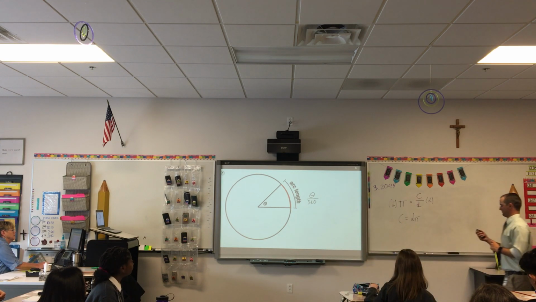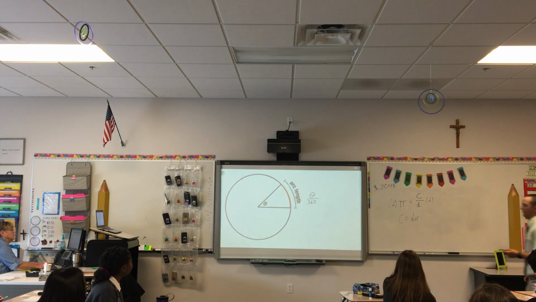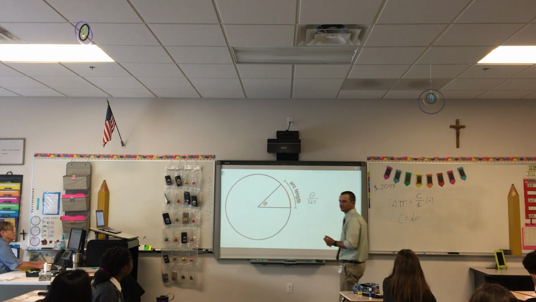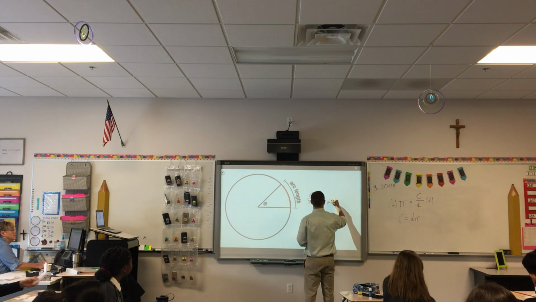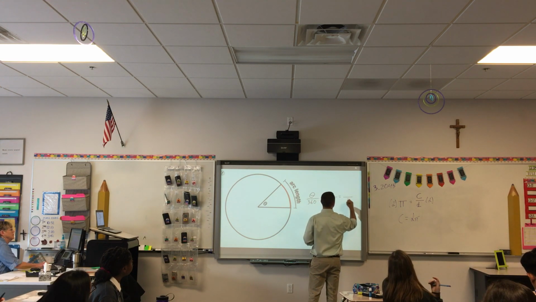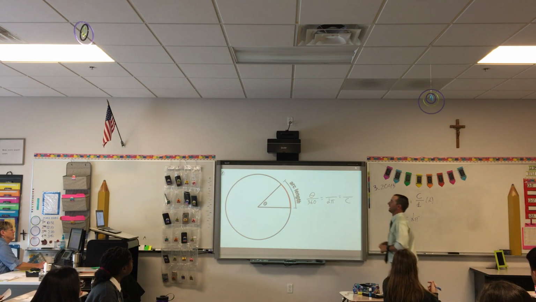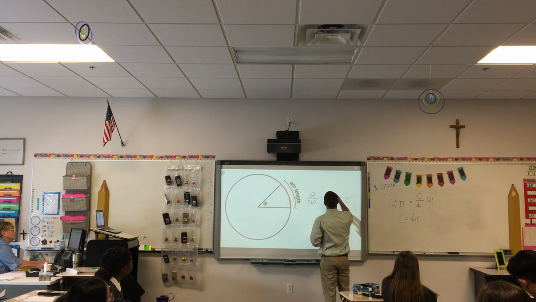What would the total distance around the circle be? It's the circumference, right? Or the diameter times pi. And I'm just looking for that part, so I have part over whole, so I'm going to put part over whole.